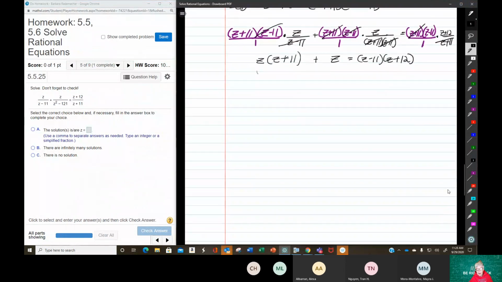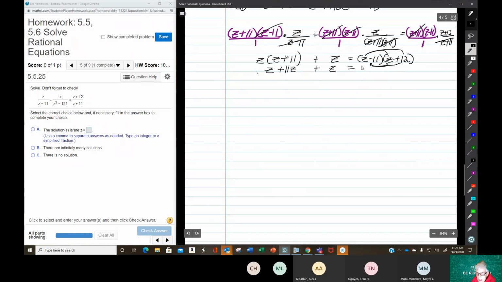Okay, so let's go. Z times Z is Z squared, plus Z times 11 is 11Z, plus Z equals, going to multiply, multiply, and multiply.